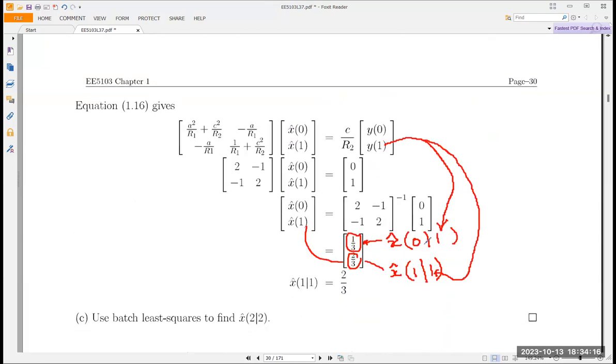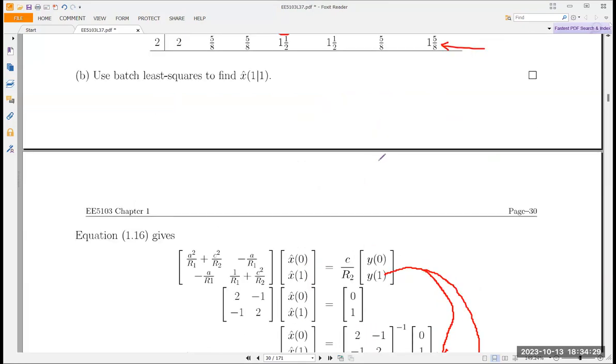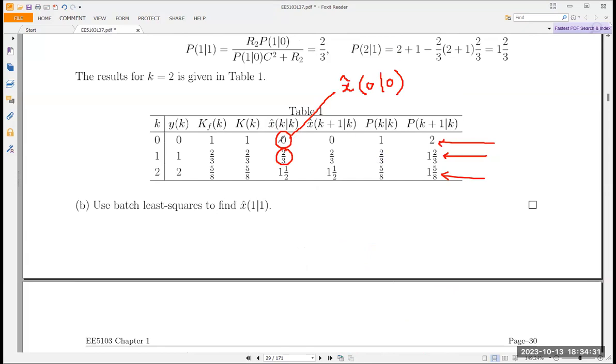This one, we have more information because we have two measurements here, y0 and y1. So this 1/3 is obtained after using two measurements, y0 and y1. This one, the quality of the estimate, so to speak, would be lower because we only make use of y0.